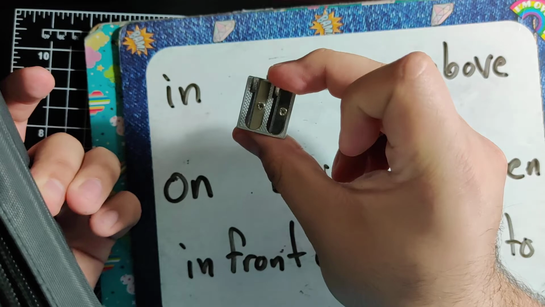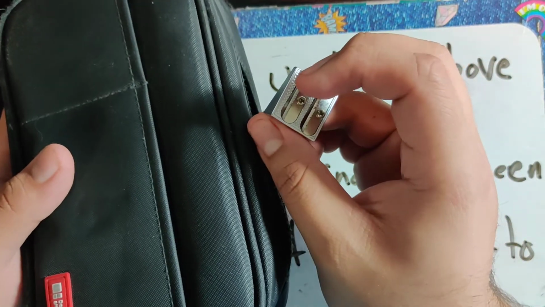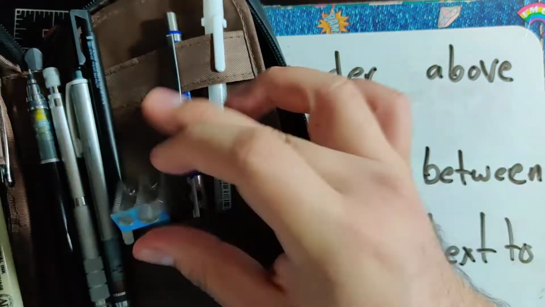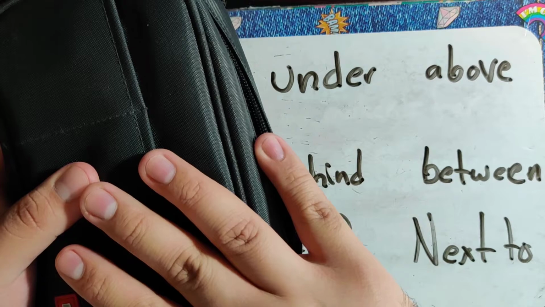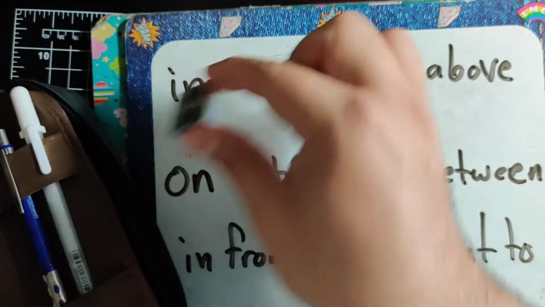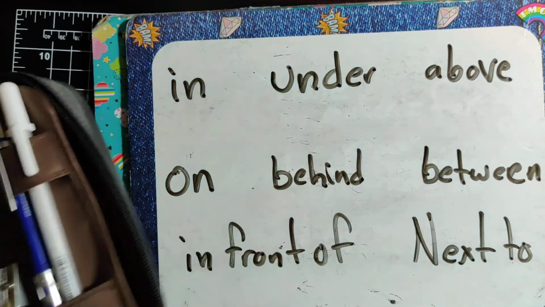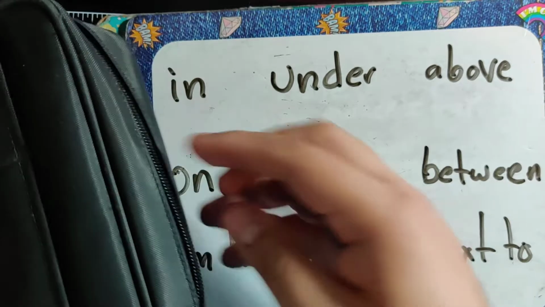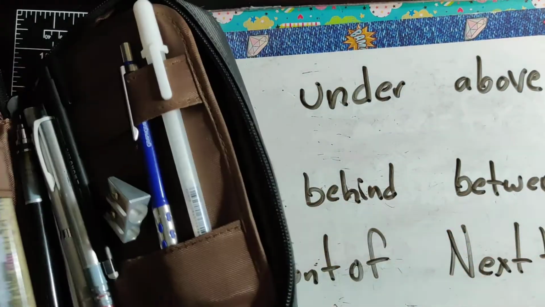So let's see. First is in, right? So let's talk about in. In is pretty simple, right? There is a sharpener in the pencil case, right? There is a sharpener in the pencil case. That one's pretty simple. In, usually it's talk about inside, right?